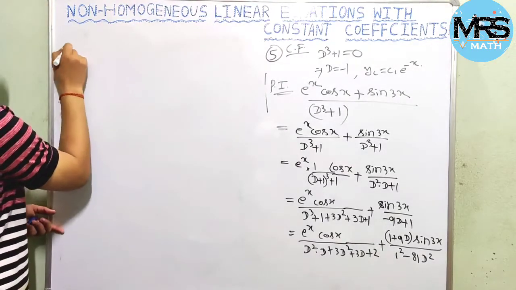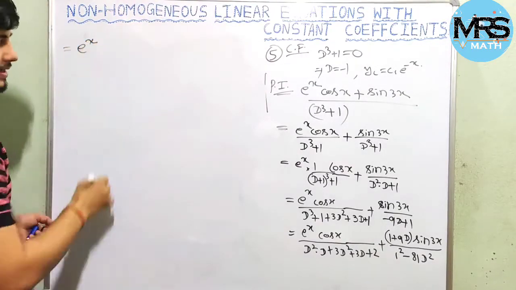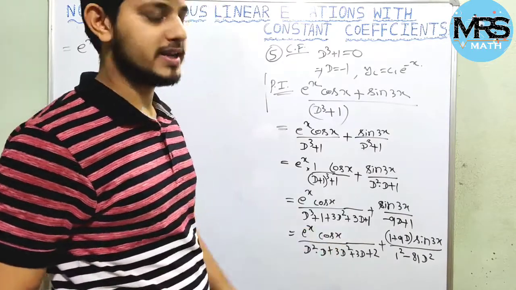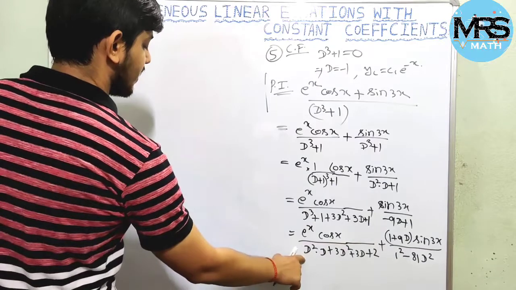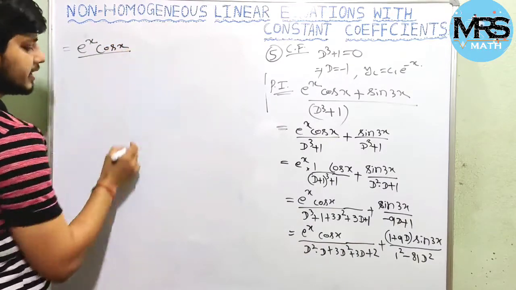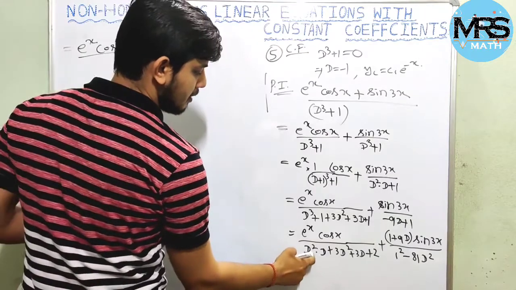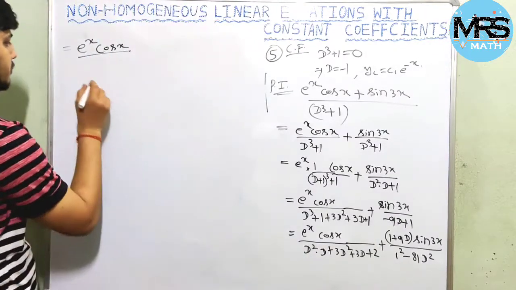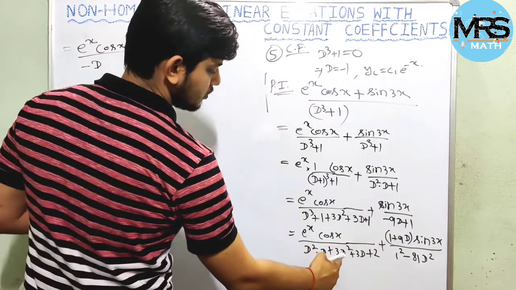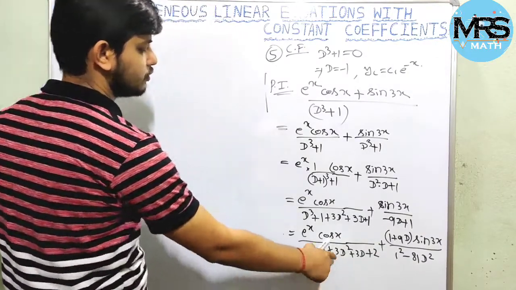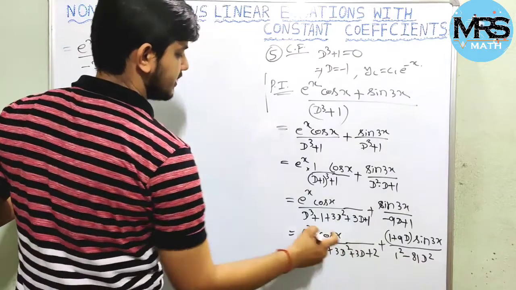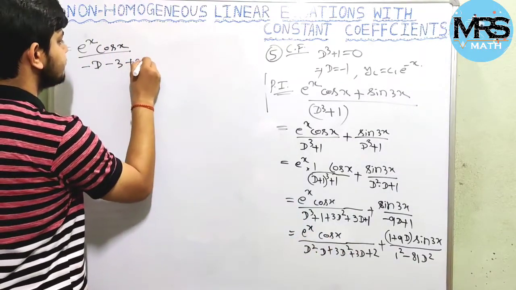So next step will be e to the power x, correct, cos x is there, so that means cos x into 1x, so here we can apply minus 1, cos x divided by, this is minus 1, so minus 1 into D, that is minus D, again minus 1 into 3, that is minus 3, plus 3D plus 2.